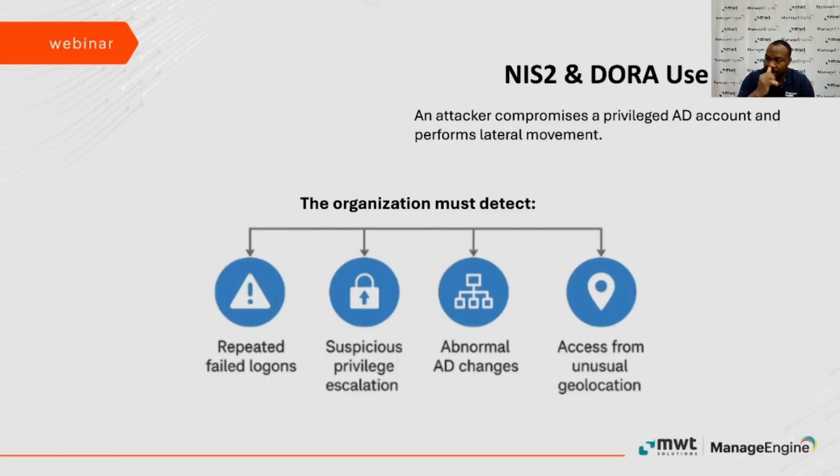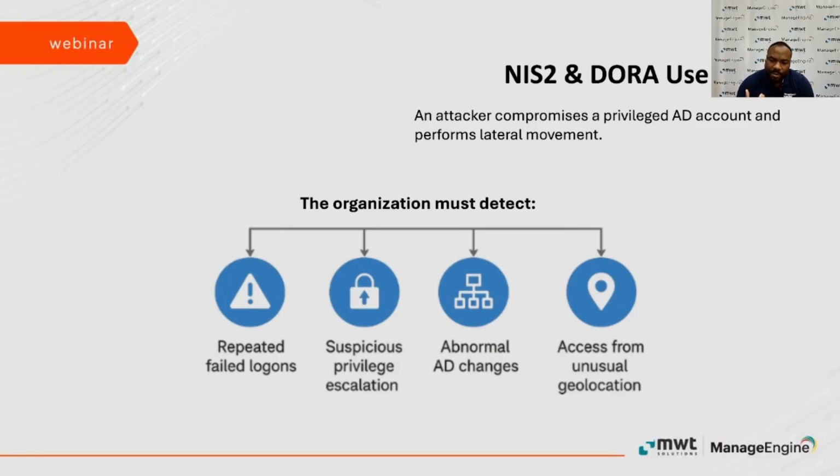So let's talk about some of the use cases that could happen to an organization. So let's say an attacker compromises a privileged account, a privileged admin account. What must an organization have to detect this type of attack?